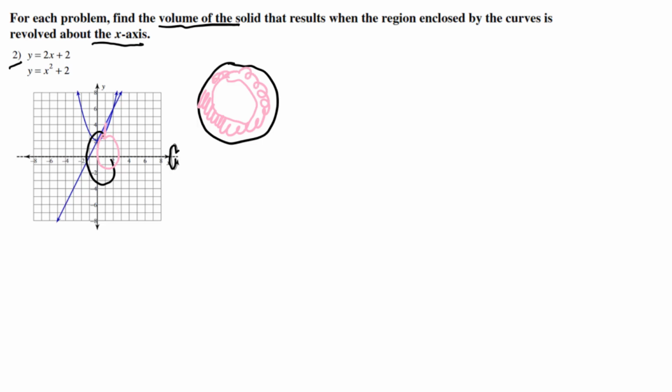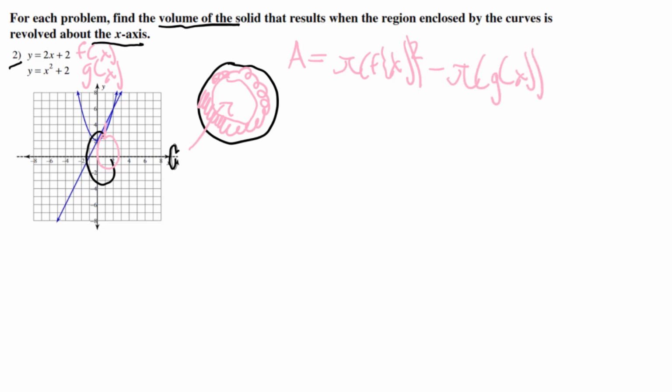Thus, we can say that, if we call this function f of x and this function g of x, the area is equal to pi times f of x squared minus, because this is the area that is not included in our volume, pi times g of x squared.